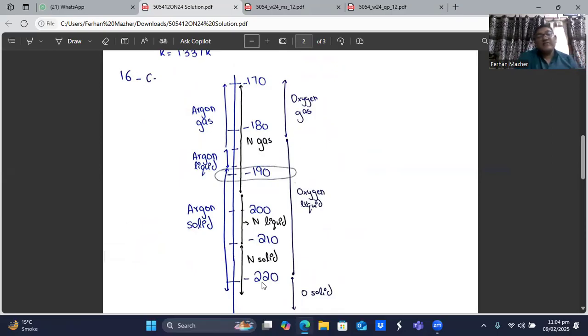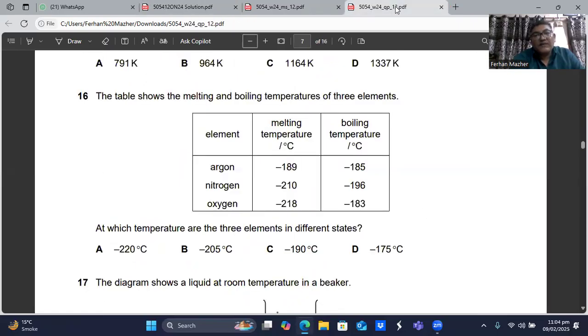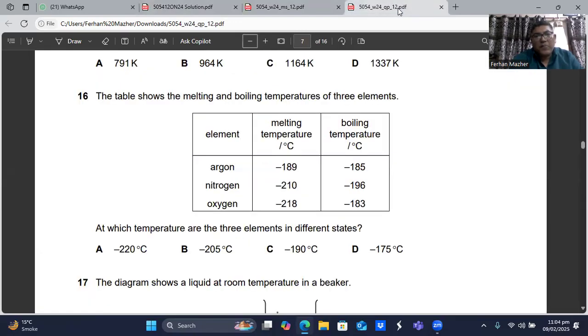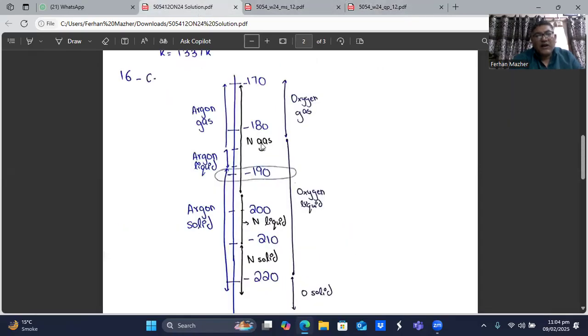For example, argon has minus 189 and minus 185. 189 will be here somewhere, and 185 will be here somewhere.